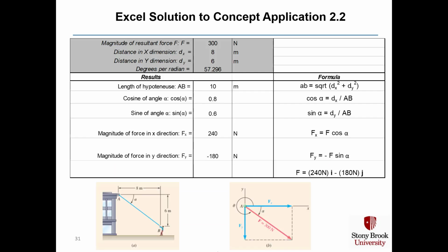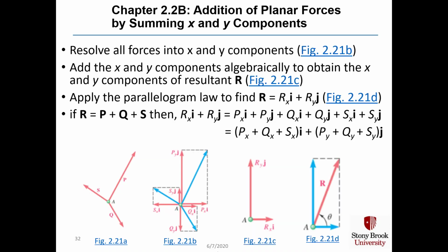Here's an Excel solution that I did for this concept application 2.2 that you may find useful. This slide will show you how to add planar forces by summing their x and y components. Previously, we showed you how to add forces using either the triangle rule or the parallelogram law. Forces S, P, and Q all act at point A, as shown in the lower left in figure 2.21a.